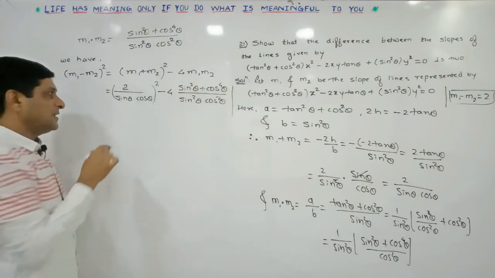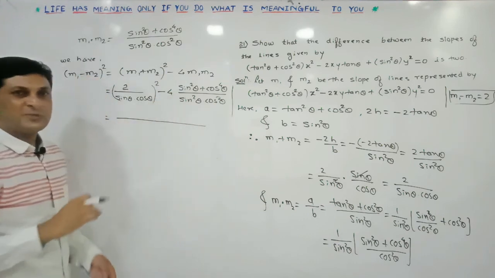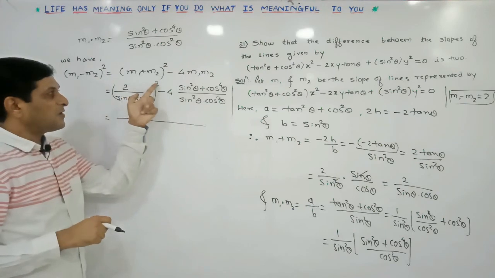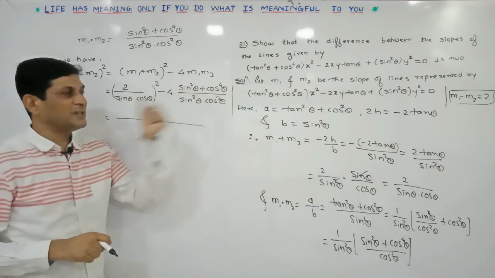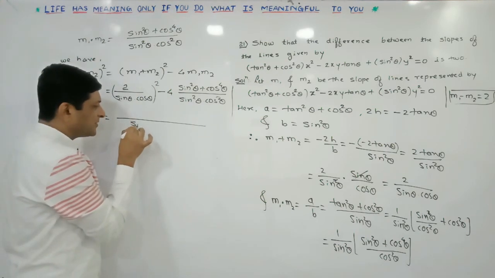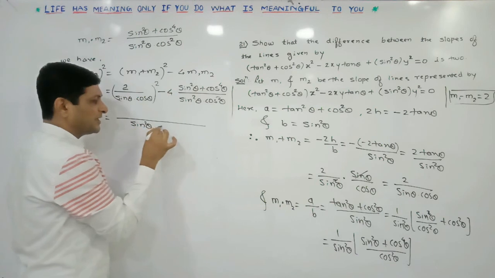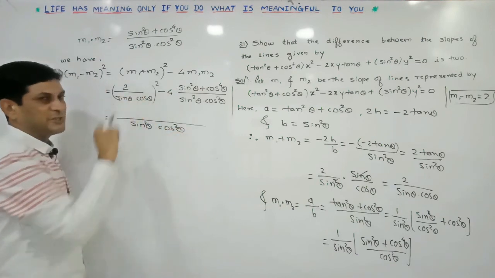Now easily we can observe that the denominators of both the terms are the same. What is the denominator of the first term? Sine square theta into cos square theta, and here also the denominator is sine square theta into cos square theta. Since the denominators are the same, we are taking the subtraction of the numerators.